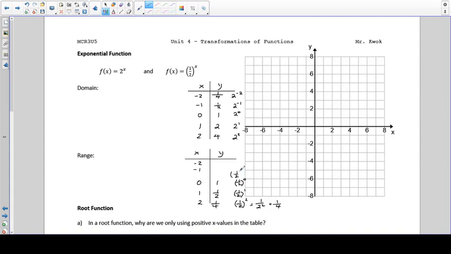Half to the power of -1, this is going to become 2 over 1, that's going to be 2. Half to the power of -2, this is going to become 2 over 1 to the power of 2. So that's going to be 4. So just like that.